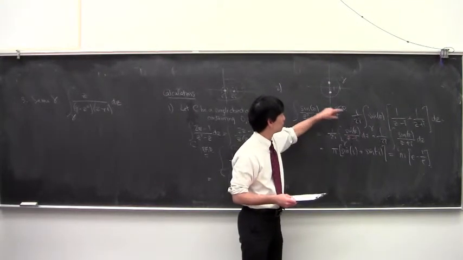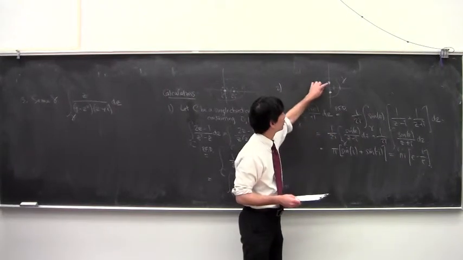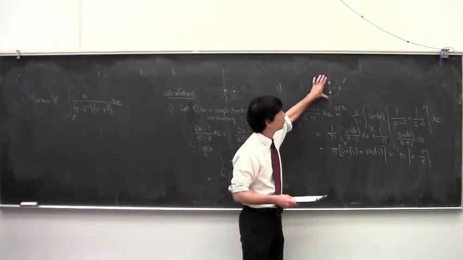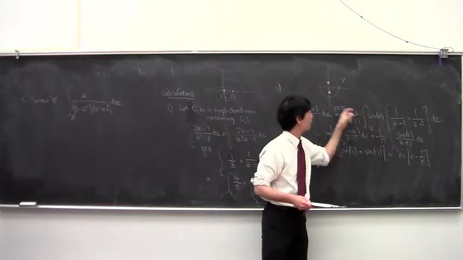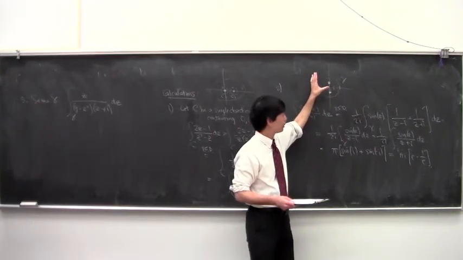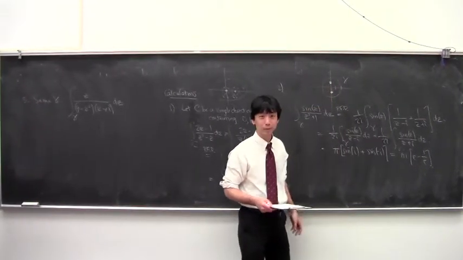Each of these, z minus i, the i lies within the gamma. The negative i also lies within the gamma. The winding number is 1, etc.